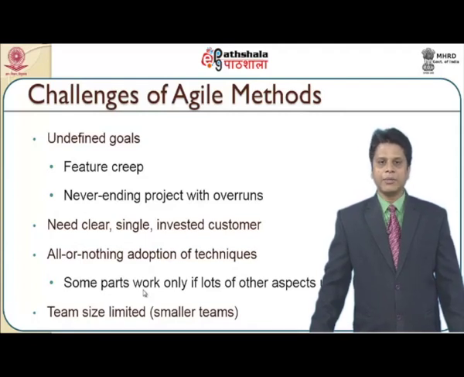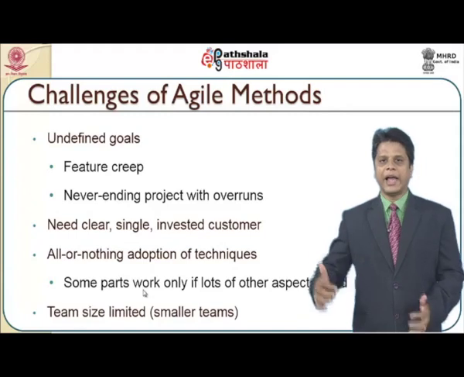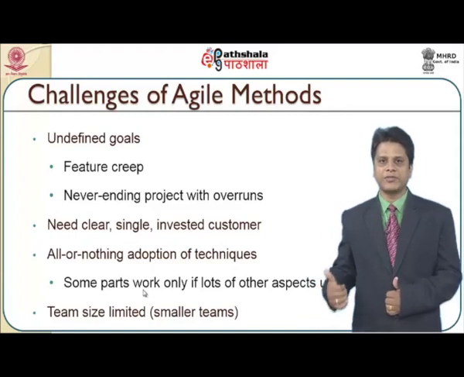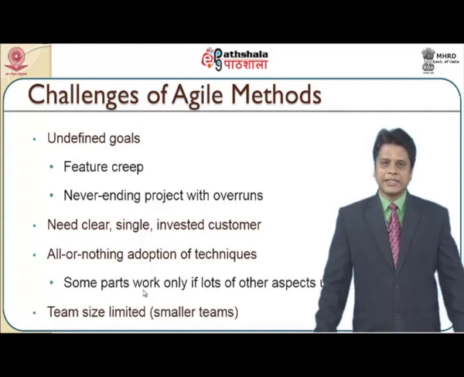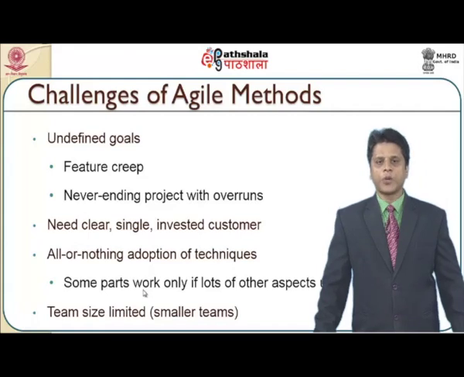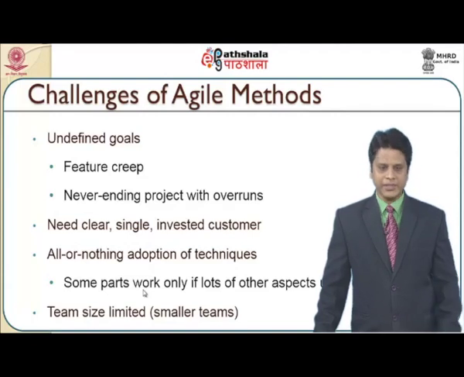These agile methods require a clear, single, invested customer. There cannot be partners of a customer who actively participate. If one or two members participate, then it becomes chaos. These agile practices are of the all or nothing type, mostly of autonomous adoption of techniques. Some parts work only if lots of other aspects are used. And these agile methods can work better only with small team size.